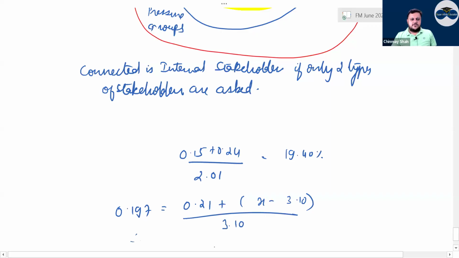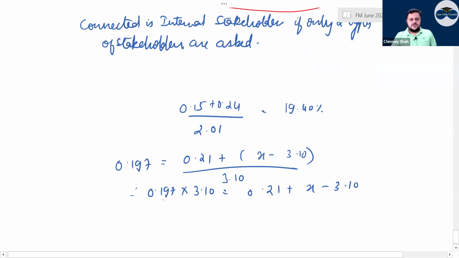Therefore, what will you do? 0.197 into 3.10 is equal to 0.21 plus x minus 3.10.